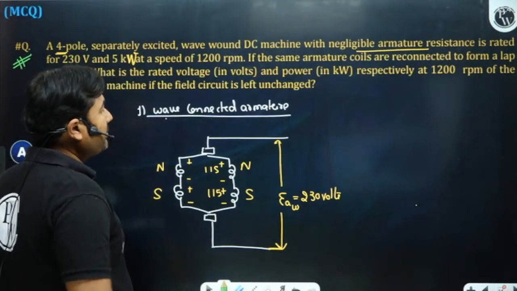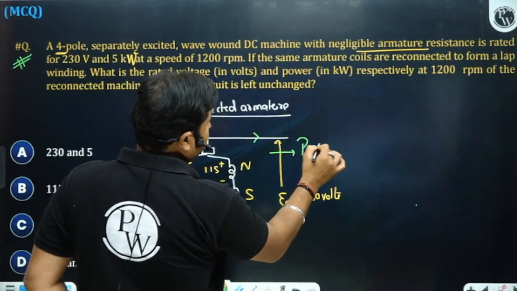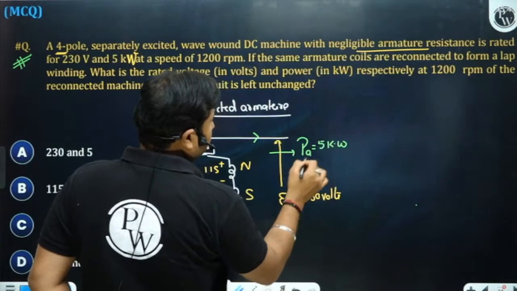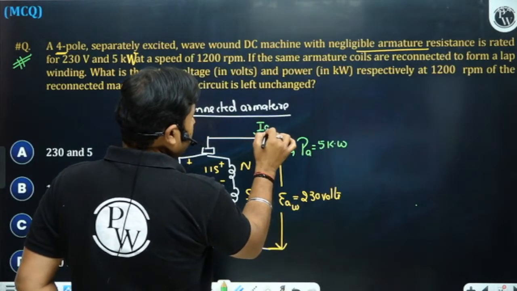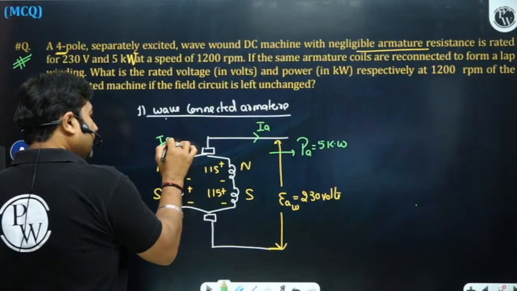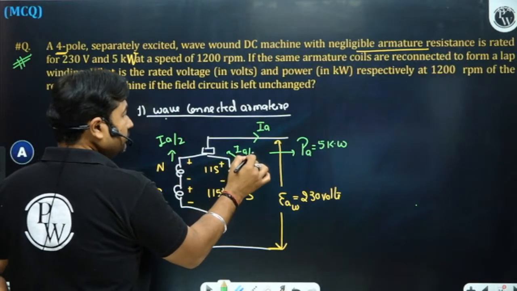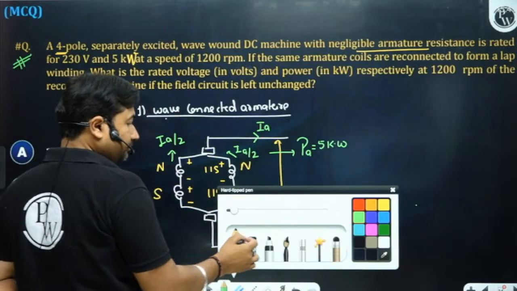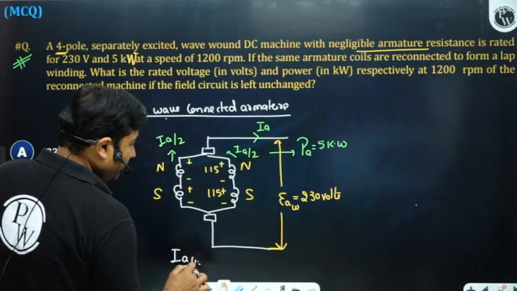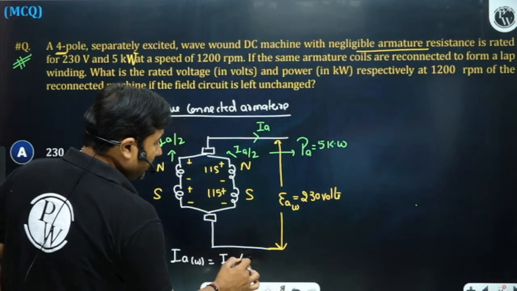Further, the power it delivers is EA into IA equals 5 kilowatt. So we know about IA. Let it be IA, so this will be IA by 2 and this will be IA by 2. IA in case of wave winding is IA by A, where A is the number of parallel paths of wave.